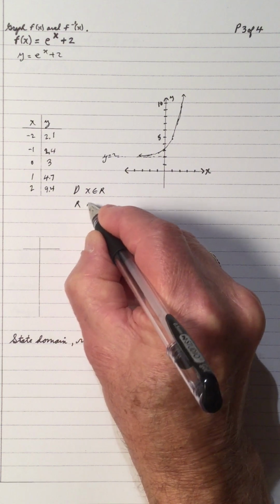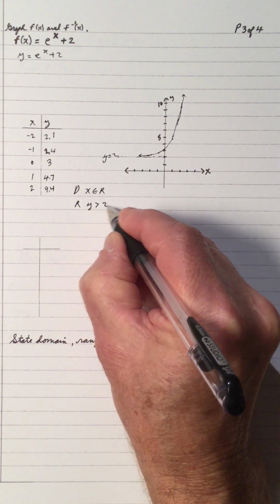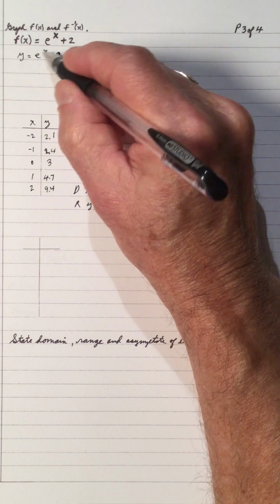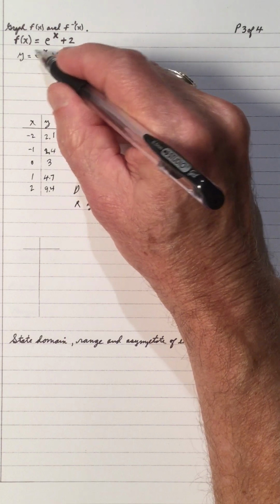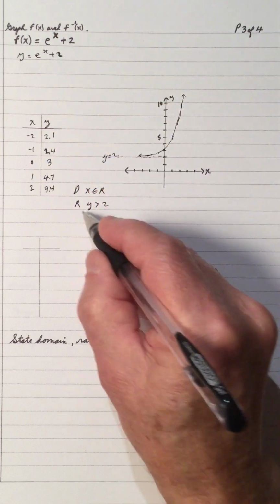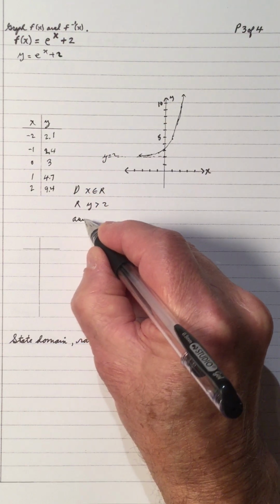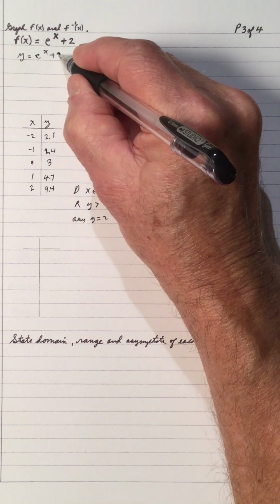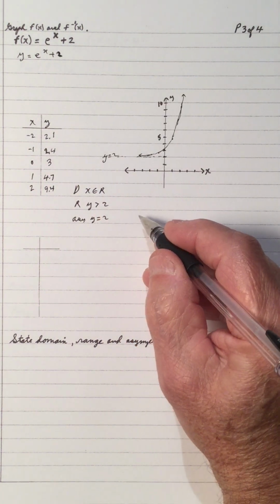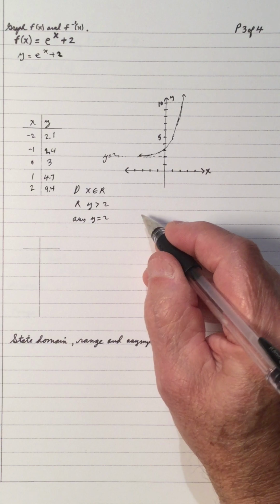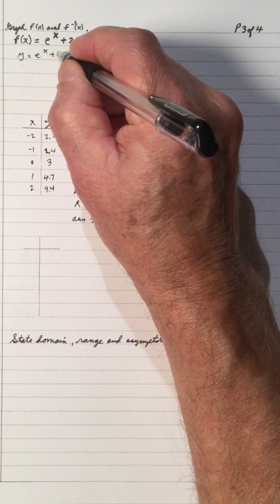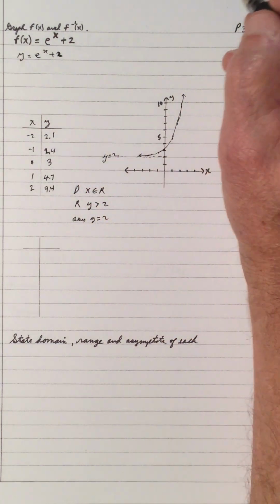The range is y is greater than 2. Y is greater because this is a plus. If this was a minus, it would be less than 2. And the asymptote is y equals this number right here, y equals 2.